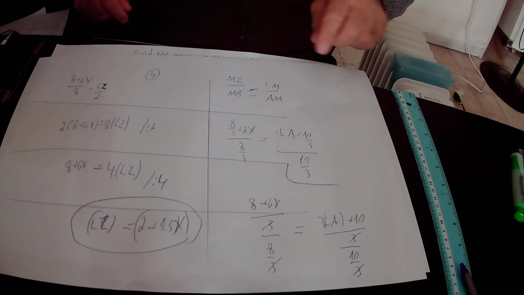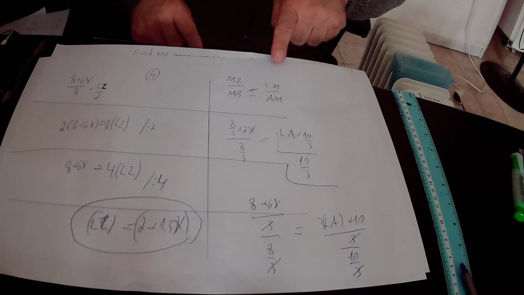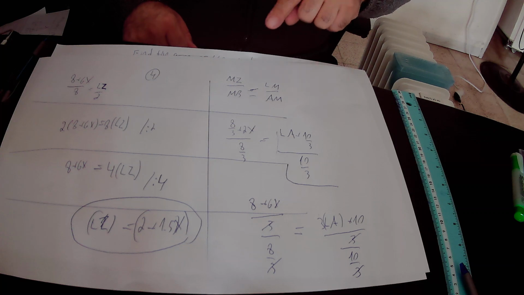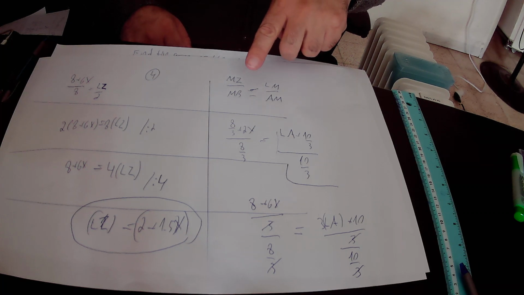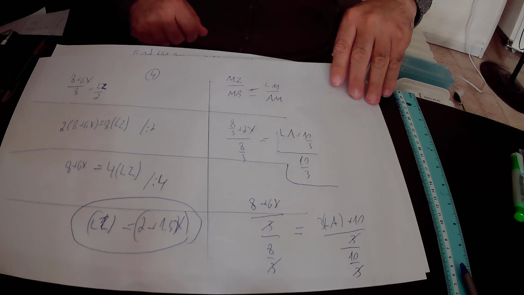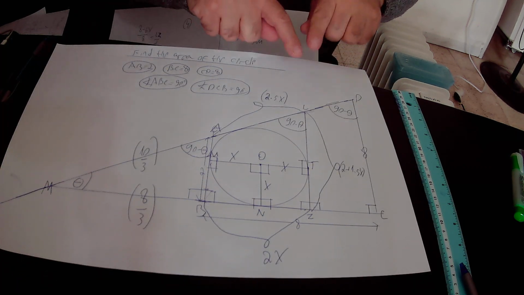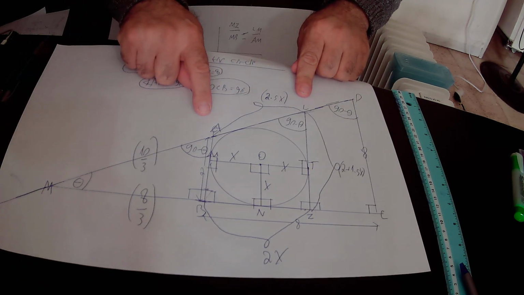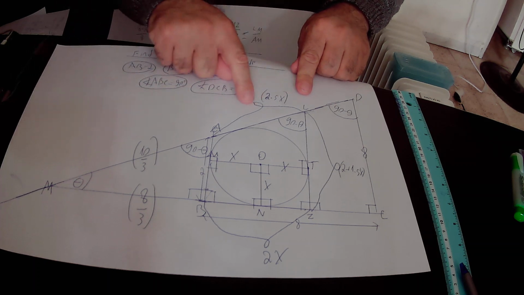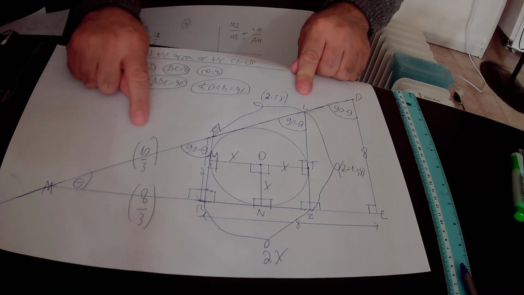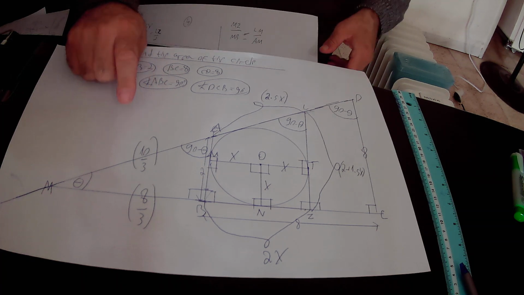We have already found out that ZM equals 8 over 3 plus 2x and MB equals 8 over 3. What is the length of LM? LM equals LA plus AM, that is 10 over 3. So in total, LM equals LA plus 10 over 3.